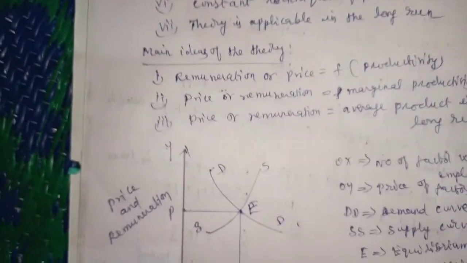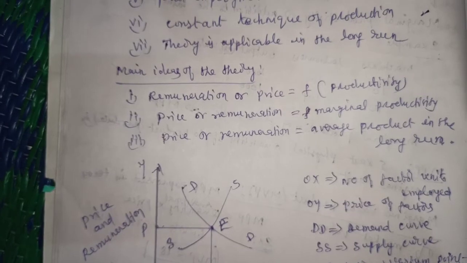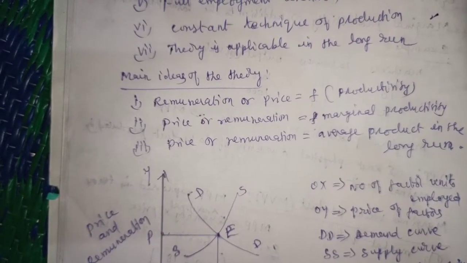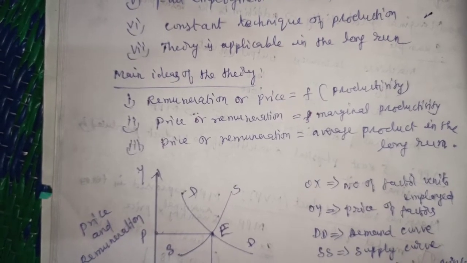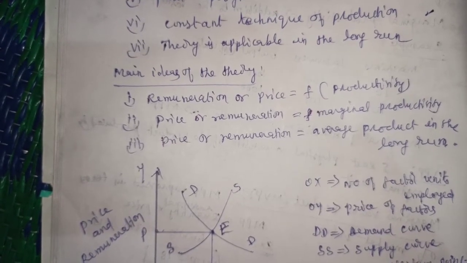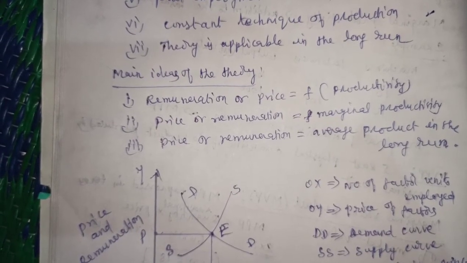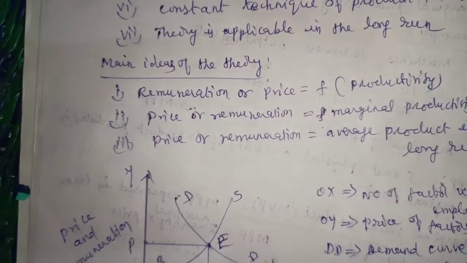With this, we can look at the main ideas of the theory. The first one is that remuneration, that is, wage, rent, interest or profit, is a function of productivity. So we can state that the price of a factor depends upon its productivity.